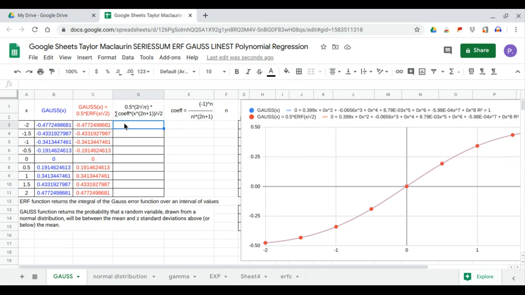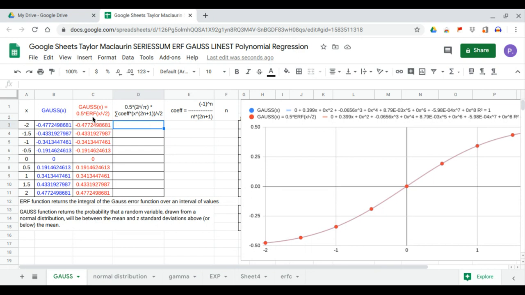We will use the Taylor Maclaurin Series expansion. We'll still use 0.5 and square root of 2 factored in. Taylor Maclaurin Series of the expansion of the error function is 2 over square root of pi times the coefficient times x to the power 2n plus 1.